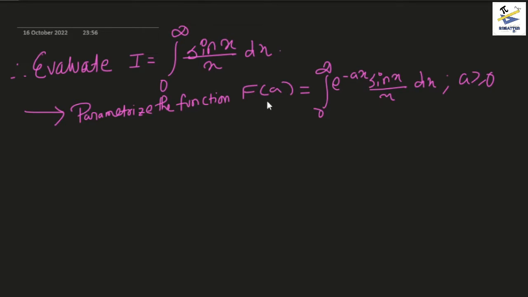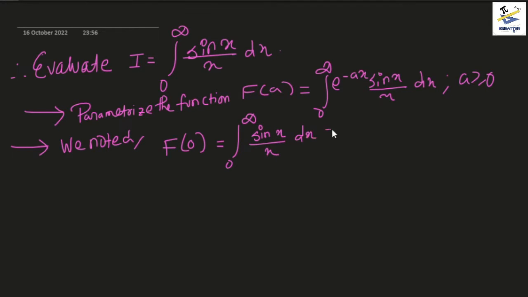We had defined a function f of a, and we had parameterized the integral of sin x by x as follows, right? We noted sin x by x dx equals I. So these were the two results that we also had noted.